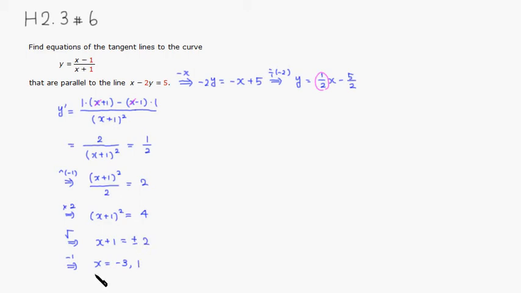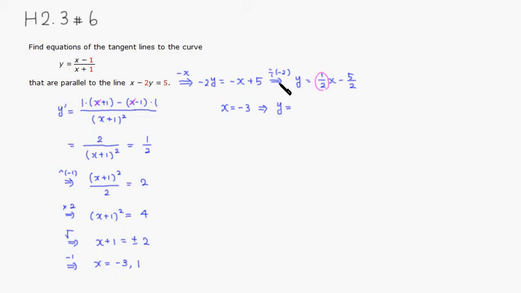So at x equals negative 3 and x equals 1, you would have tangent lines. So let's say you have two different points. If x equals negative 3, then we can find the corresponding y value. For the y value, you just have to plug into the original function.